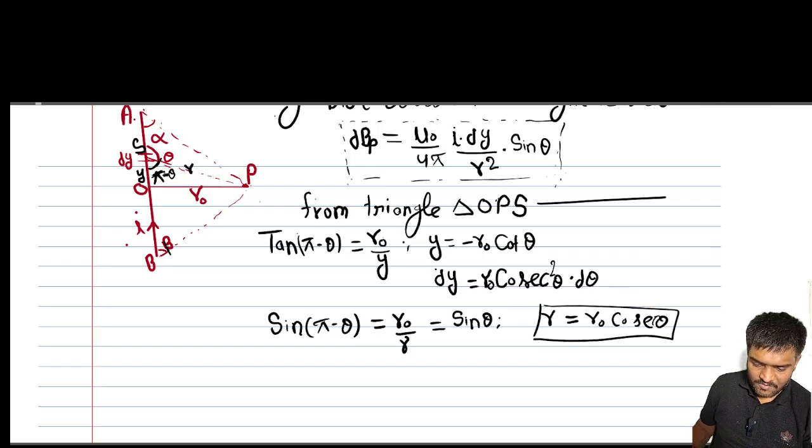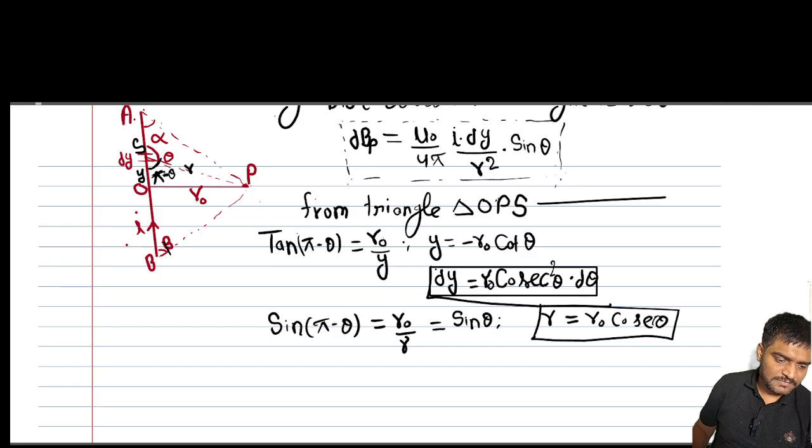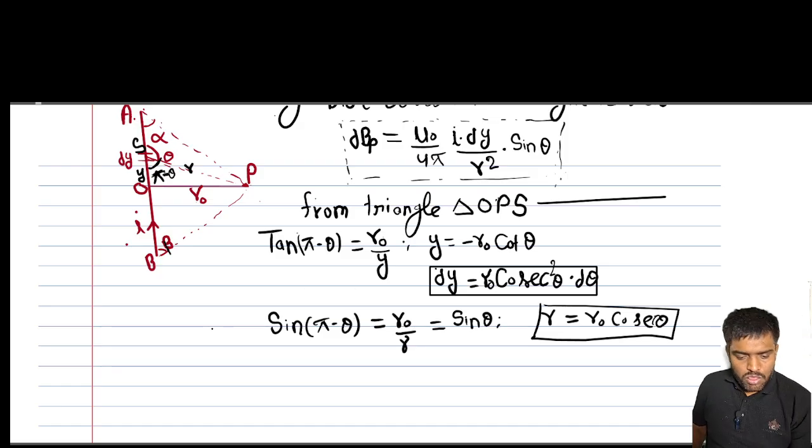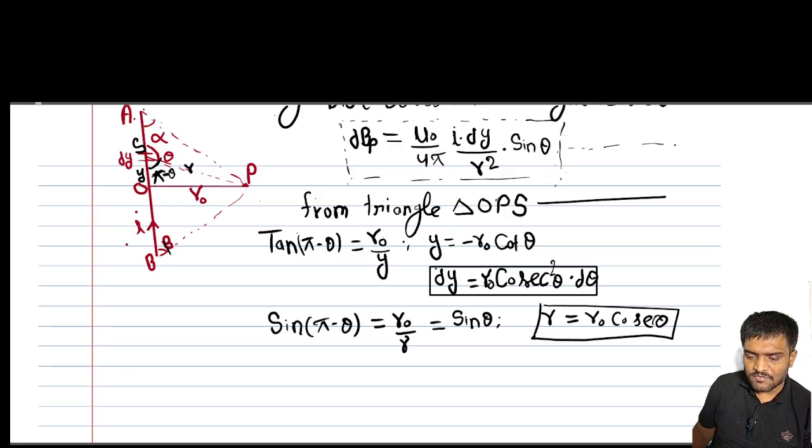So we have the value of r and we have the value of dy. Okay? Again, this is expression 1. We will put these two variables in equation first.